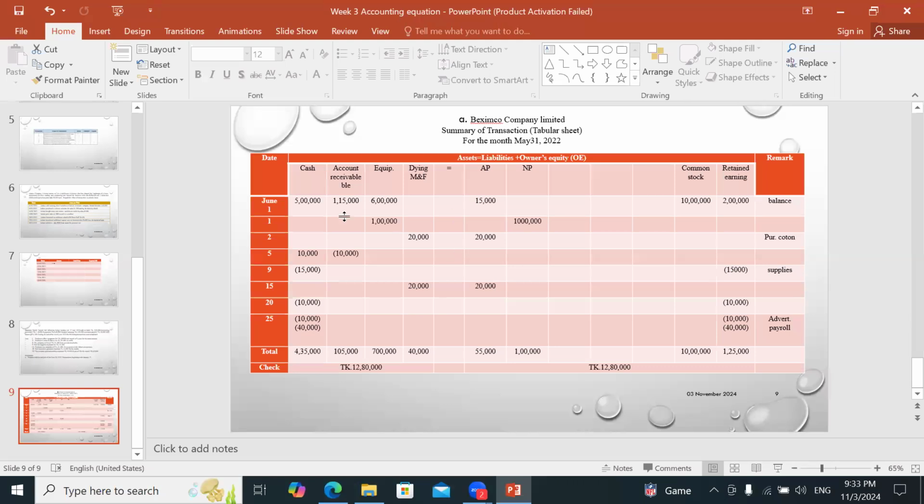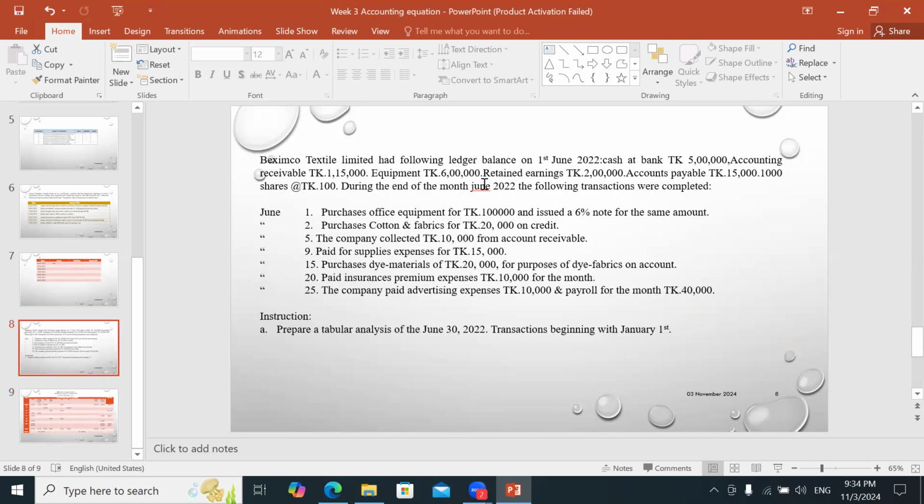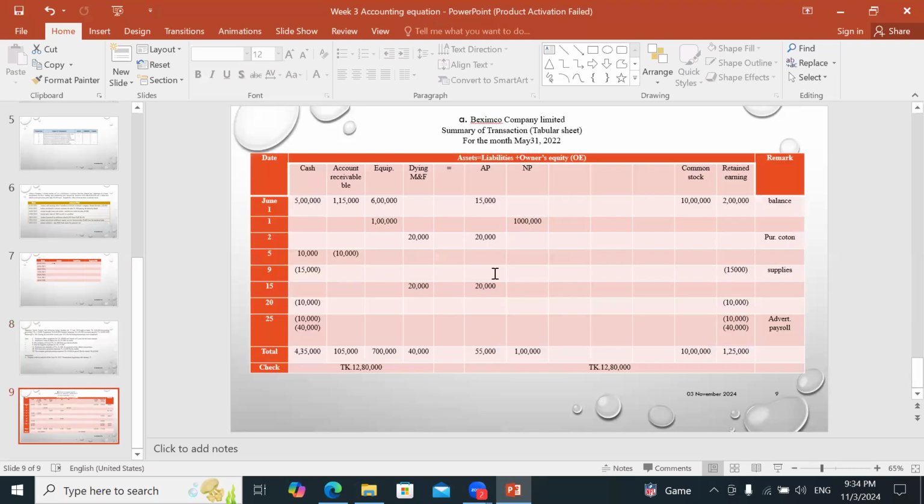Then you read the transaction and write in this column. Then retained earning. Is retained earning on the asset side or liability side? Liability, sir. Retained earning 2 lakh, 200,000.